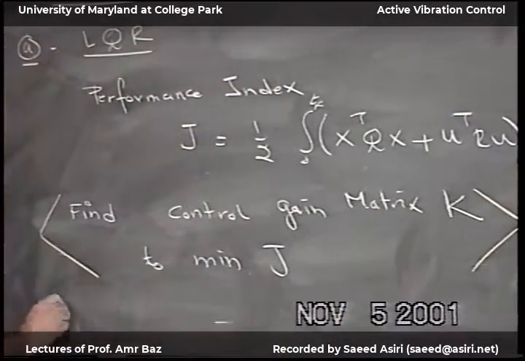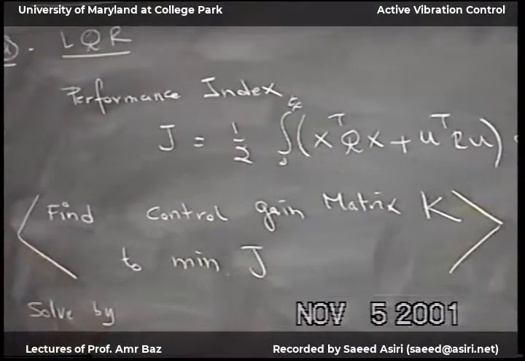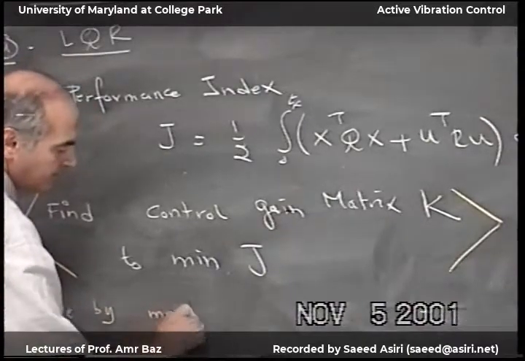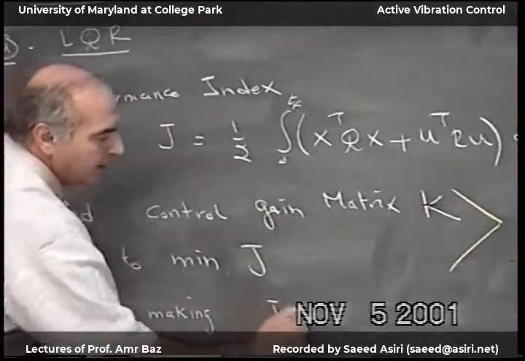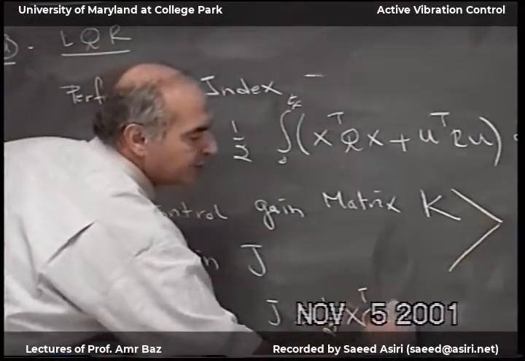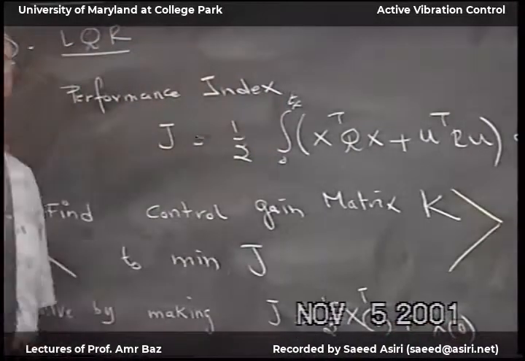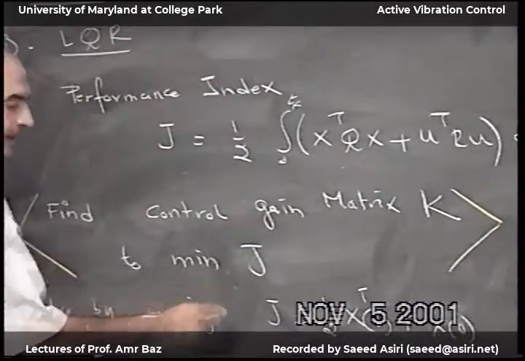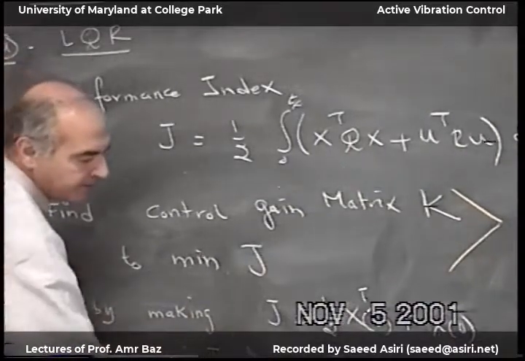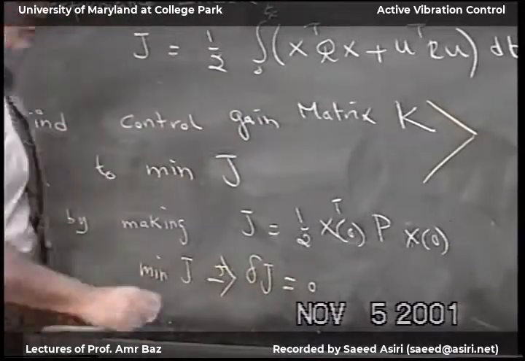We solve by J was equal to 1/2 x0 transpose P x0, and we said that minimum J requires that del J is equal to 0 or del P is equal to 0.